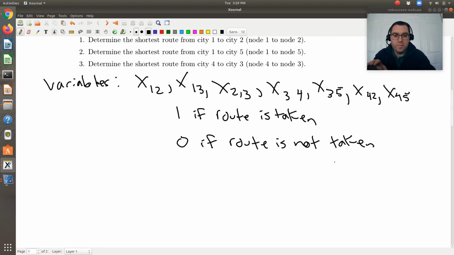So we're going to have a variable for each possible route. It's going to be 1 if the route's taken, 0 if the route is not taken. Okay, so our objective is to find the shortest route. Now what that's going to correspond to is we're going to try to minimize.